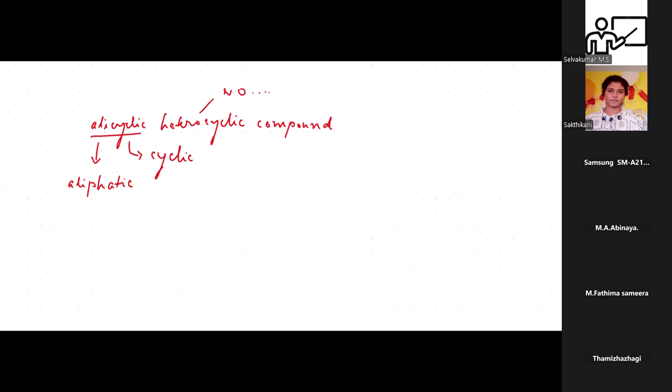Now 4 compounds are given. A, B, C, D. You have to identify the alicyclic heterocyclic compound.